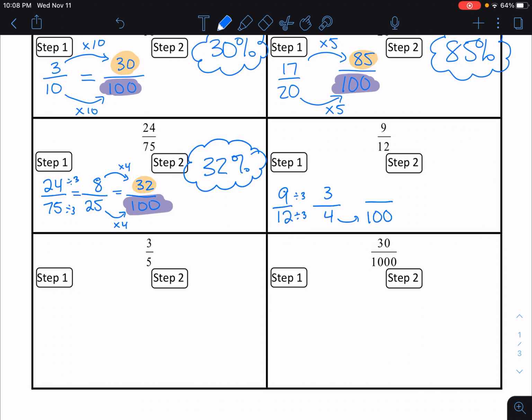To get from 4 to 100, I'm going to multiply by 25. So to get from 3 to 100, I'm going to multiply by 25. 3 times 25 is 75. So here's my percent on top, 75%.